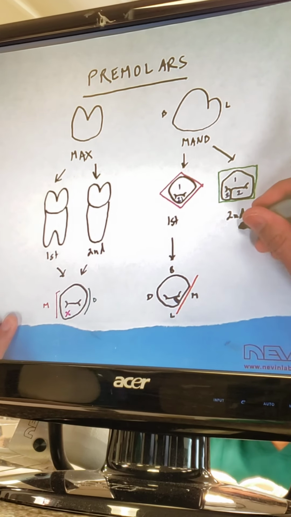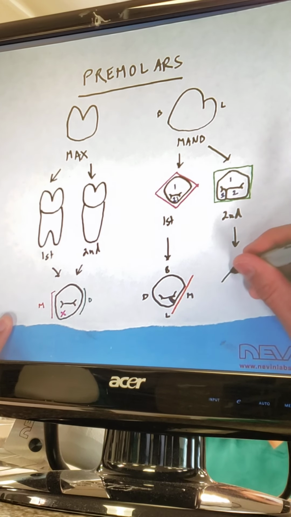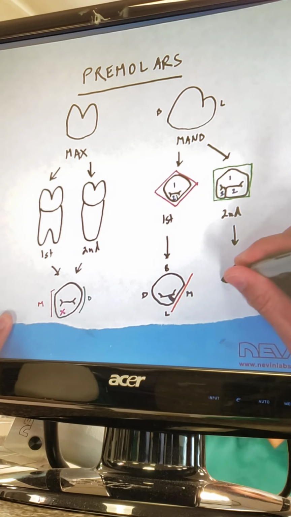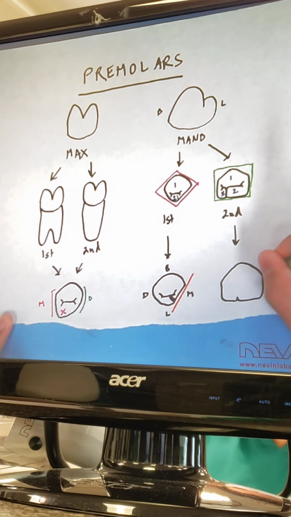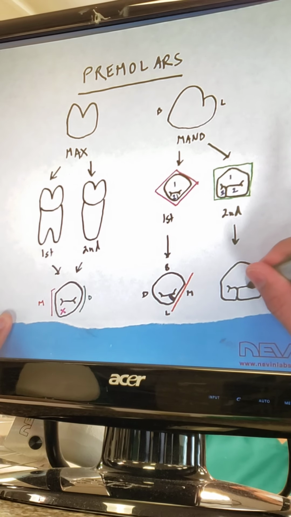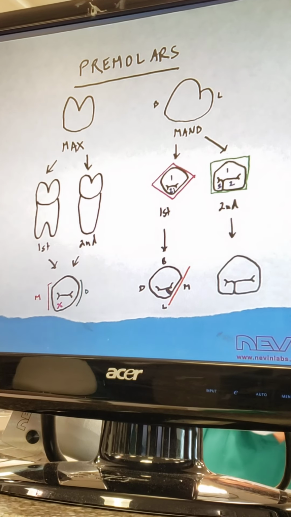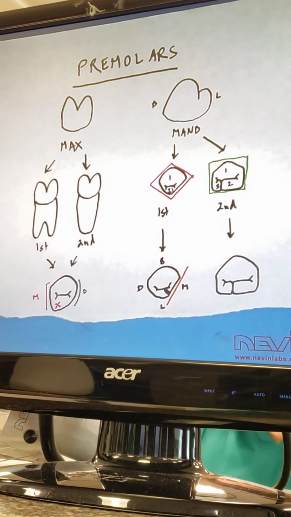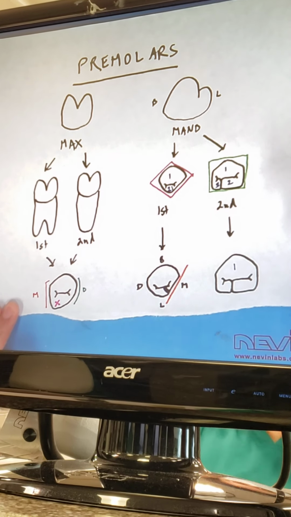For the second, again, the secret is the occlusal view. So you've got that Y-type situation there, and you've got your one buccal cusp, and your two lingual cusps.